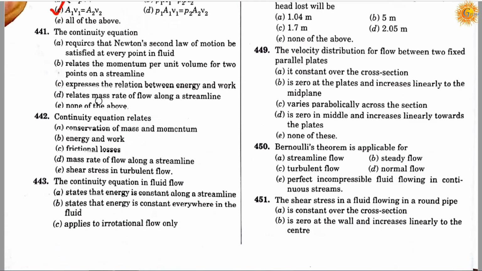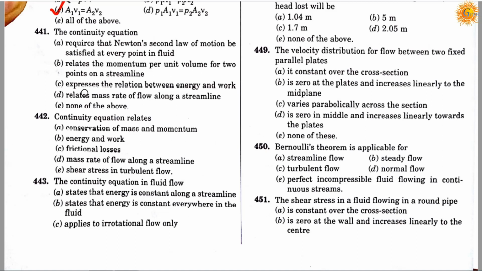Question number 441. The continuity equation, option A, requires that Newton's second law of motion be satisfied at every point in fluid. Option B relates the momentum per unit volume for 2 points on a streamline.